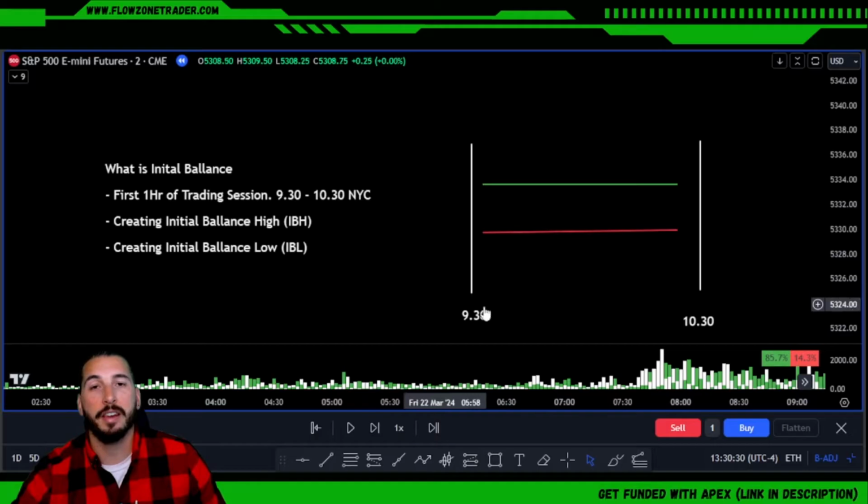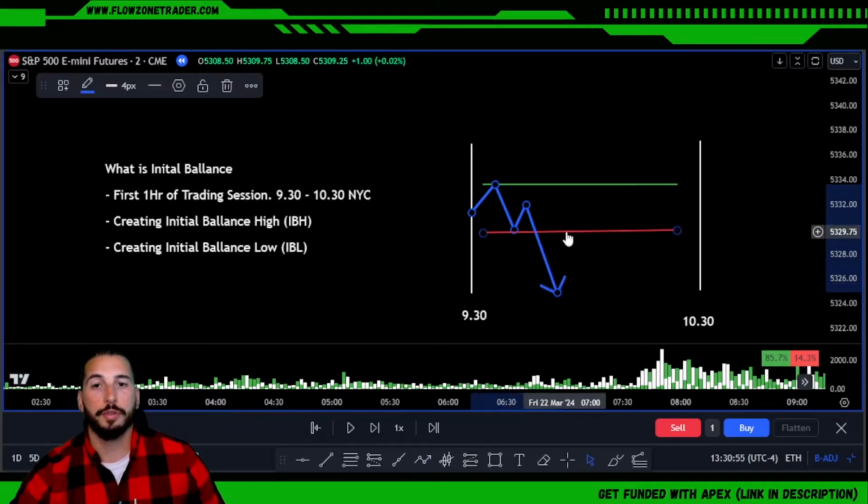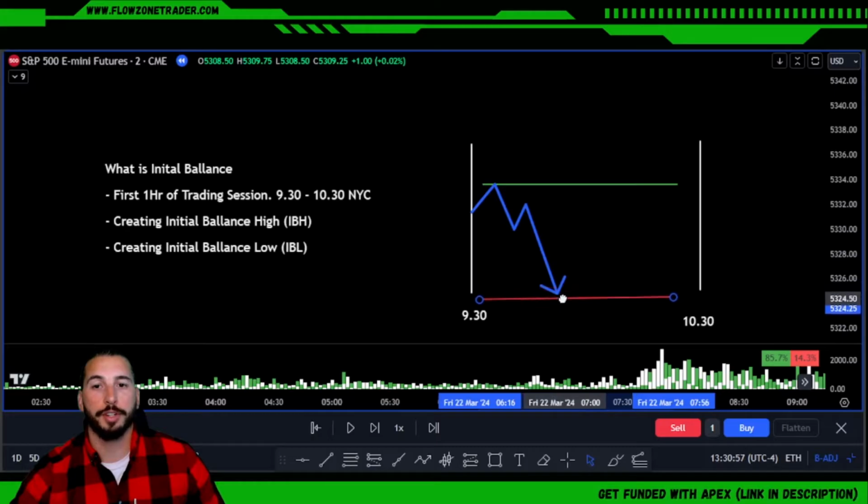So here we have the 9:30 open, and this is the 10:30 mark to represent 1 hour of price action. Let's say we open right here and we push up, and this is your initial balance high for now, and this is your initial balance low. So currently that's where the initial balance is set, and we come back inside and then we expand lower. From this point here, your initial balance low would move down, tracking this.